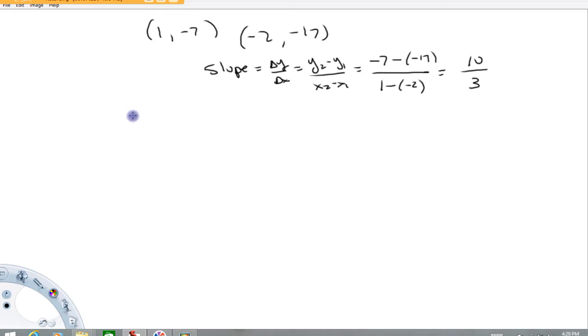Slope-intercept form: y is equal to mx plus b. Let's put our slope in, so y is equal to 10/3 x plus b. Now we can use either of these points for x and y to find b. I'm going to choose the one with the easier looking numbers. Let's put -7 in for y and 1 in for x.